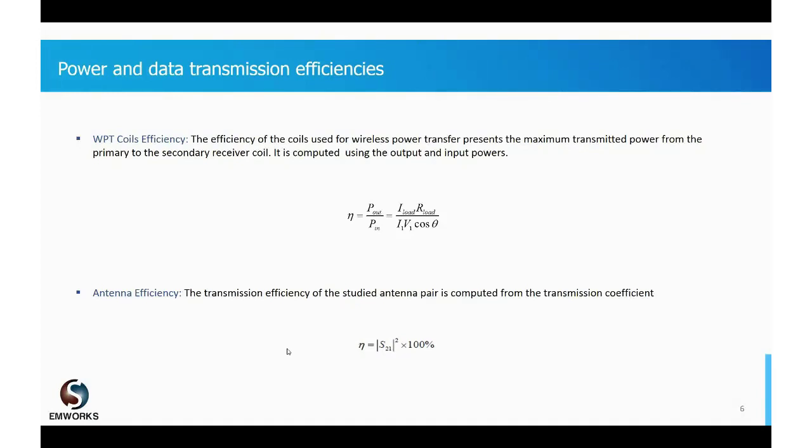From that you can extrapolate for a communication link how much power is required, what your signal to noise ratio is, and so on. But the key parameter there is how the power is radiated and how it's coupled from one antenna to the other, and you can use that in a link budget analysis.